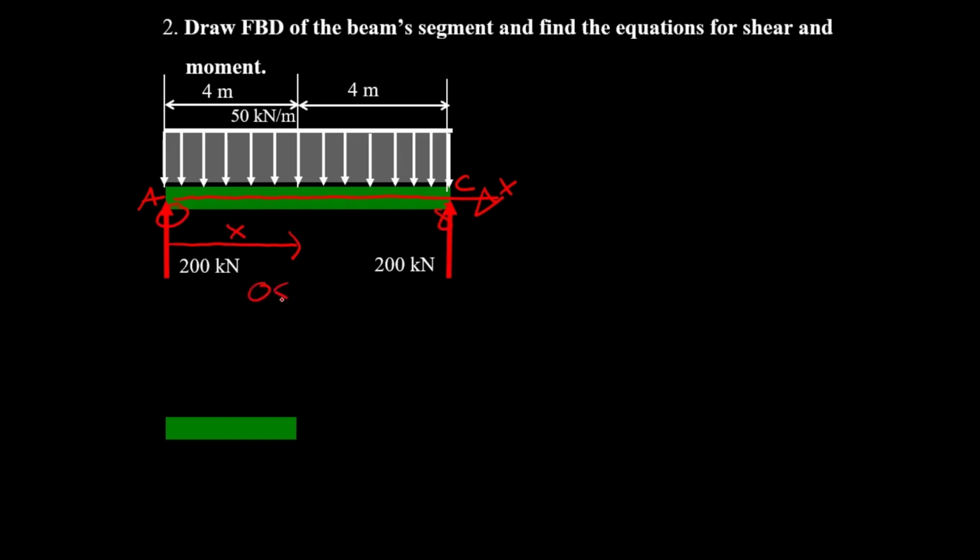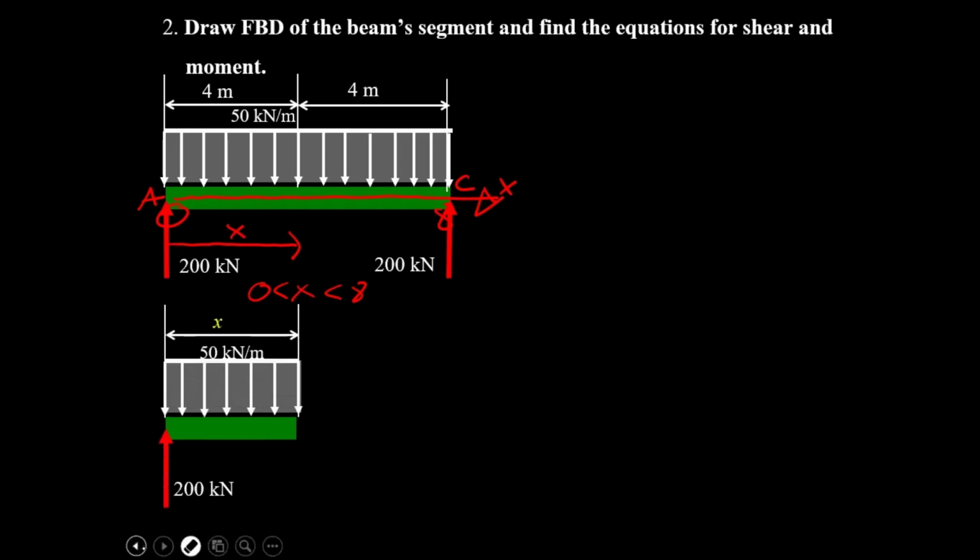So x is greater than 0 and x is less than 8 meter.